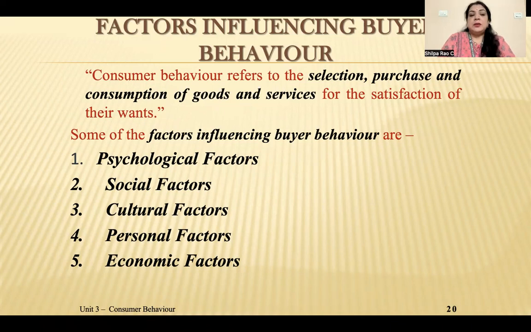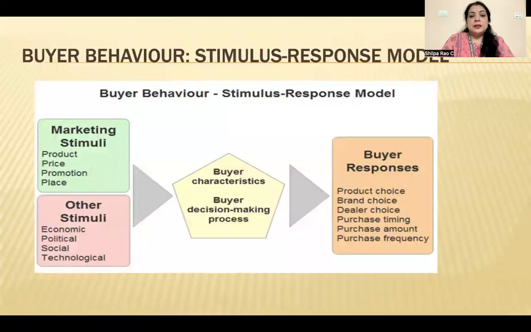Now, when we talk about consumer behavior, it speaks about the selection, purchase, and consumption of goods and services for the satisfaction of the customers' wants. Here we can see a stimulus response model. We have market stimuli, where we have all the 4 Ps from the marketing mix: product, price, promotion, and place.